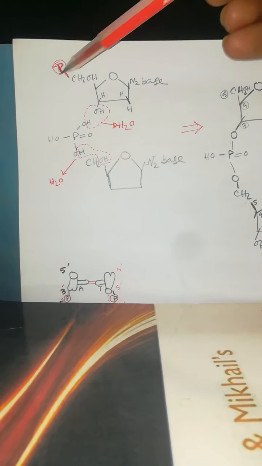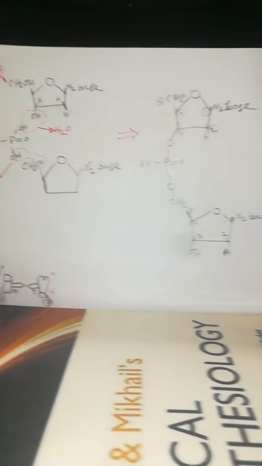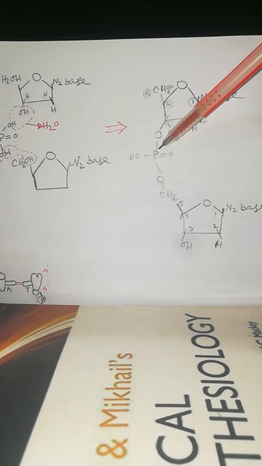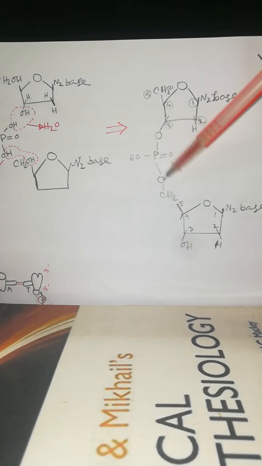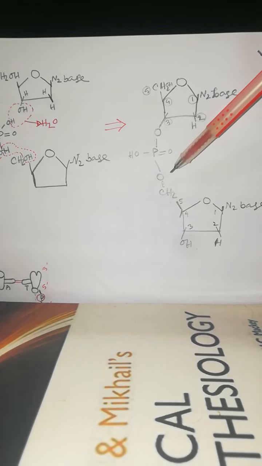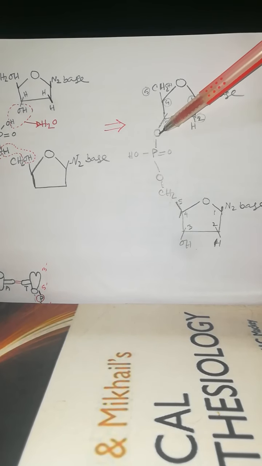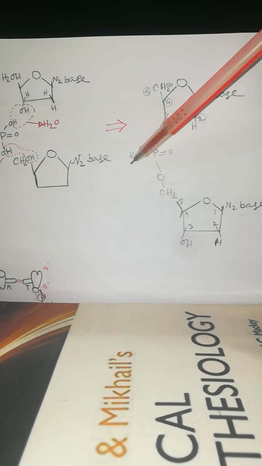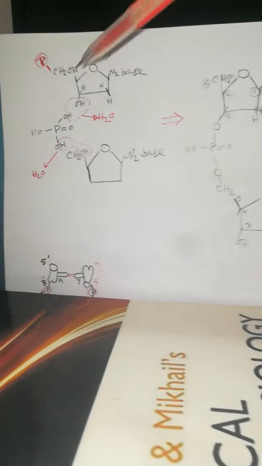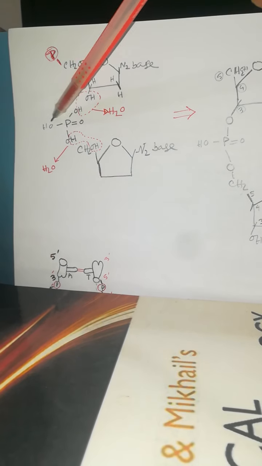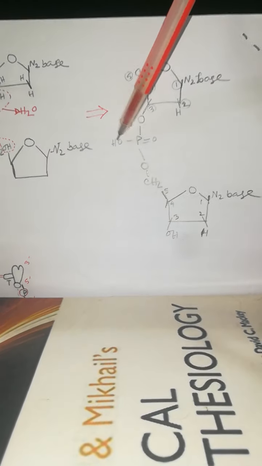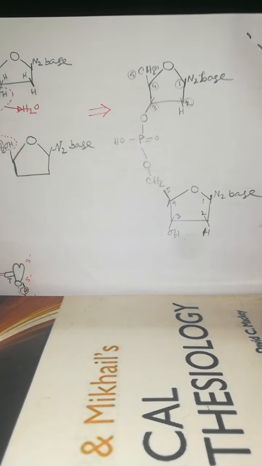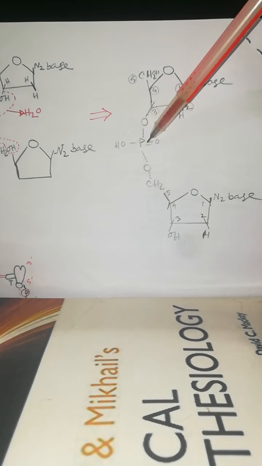After the chemical reaction we get this chemical structure. Two hydrogens are removed, so this structure is formed. There is oxygen, hydrogen is removed as water, and this OH is present. I think you are clear about phosphodiester, phosphate and double ester.